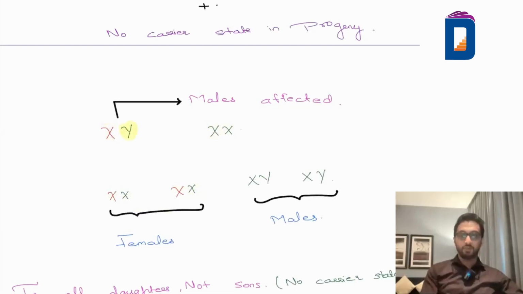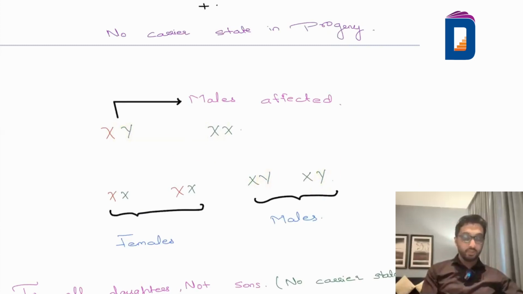The father is giving the normal Y chromosome to the males, and the mother is also giving the normal X because she's already normal. The trait is in the X chromosome, but the father never gives the X chromosome to the sons. He gives the Y chromosome to the sons, so the males will never be affected.